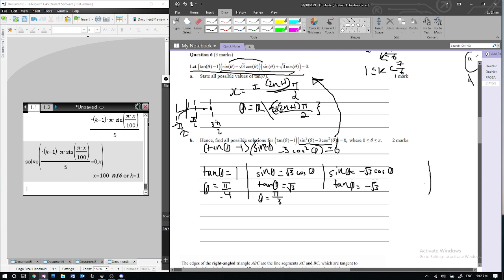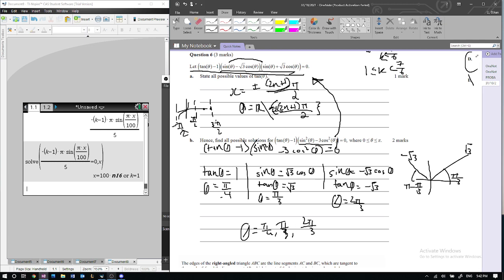I'm just going to draw a unit circle. So you have here pi on 3, root 3, and then you remember the symmetry, how this is pi minus pi on 3, and that would be negative root 3. So theta is equal to 2 pi on 3. And then theta is equal to pi on 4, pi on 3, 2 pi on 3.